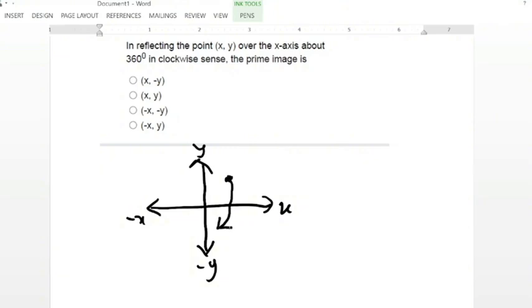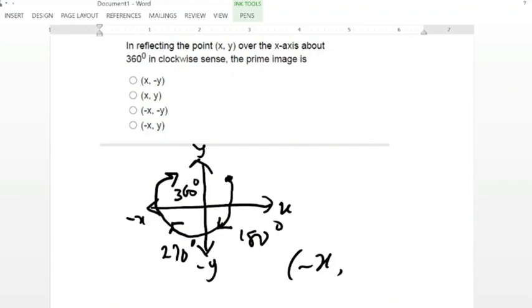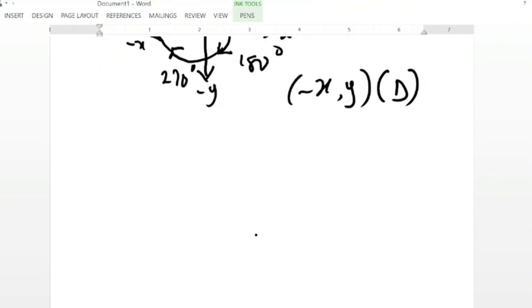Here is 180 clockwise, but we are moving to 360. So 270 clockwise, then here is 360 degrees in the clockwise sense. Which means we are at minus x on the x-axis, then y on the y-axis. So that is option D, minus x, y.